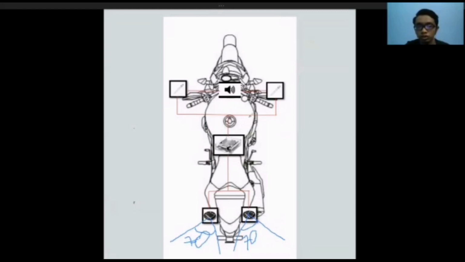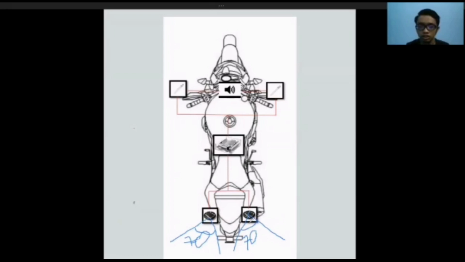That output goes to the indicator and shows a signal on the LED. If the right side sensor senses a vehicle approaching on the right side, it will light the right-side LED indicator, and in addition it will give a sound notification from the buzzer.